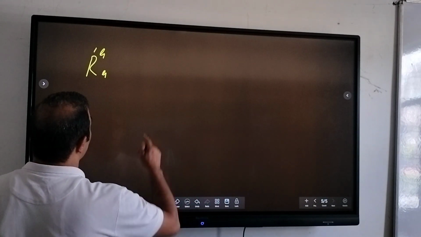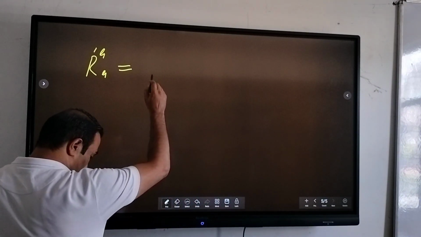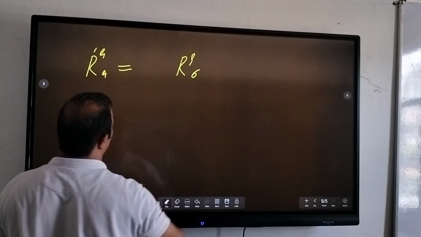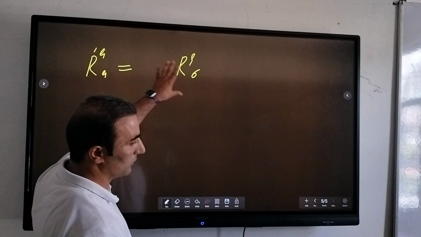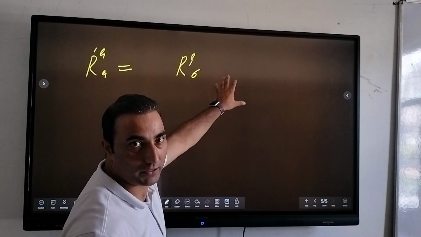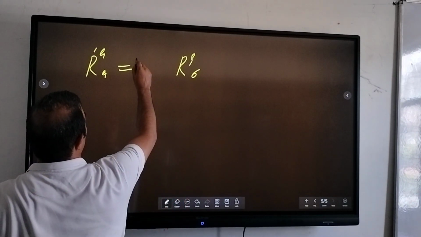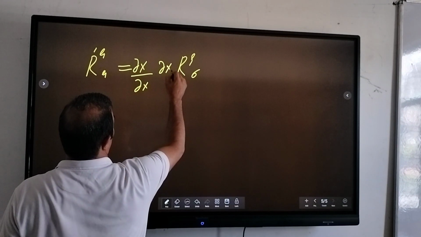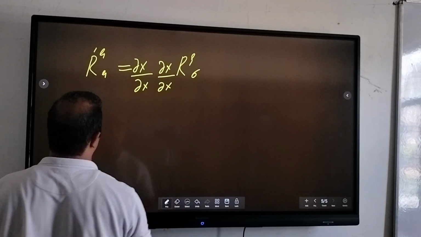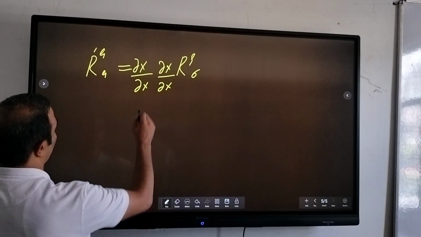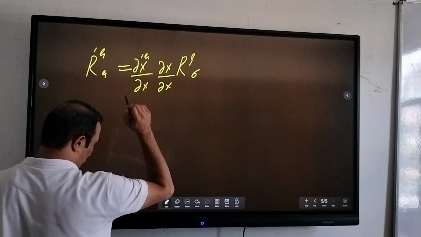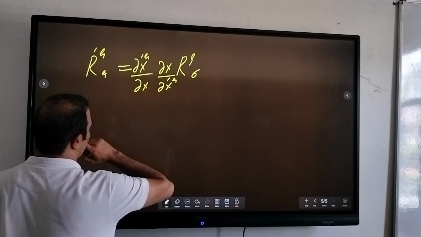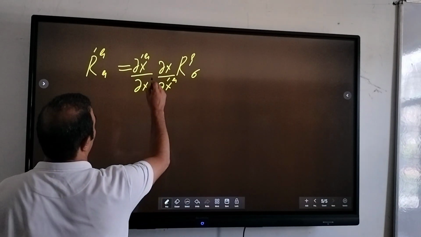So this you can rewrite as some R of rho sigma, right? I am basically transferring it from the unprimed to the primed system, right? So this I can write with a transformation coefficient, partial x by partial x, and in the superscript you should have minus mu prime, prime mu, and this will be equal to that.